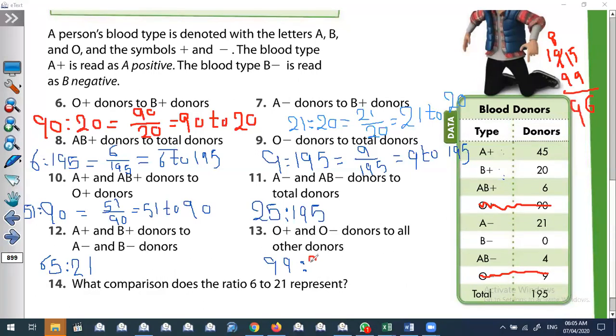So 96. Pay attention, it is all the other donors, he didn't say the total.